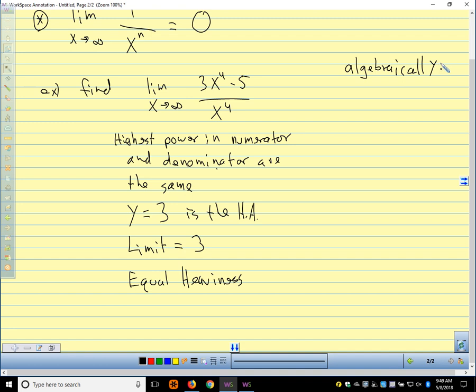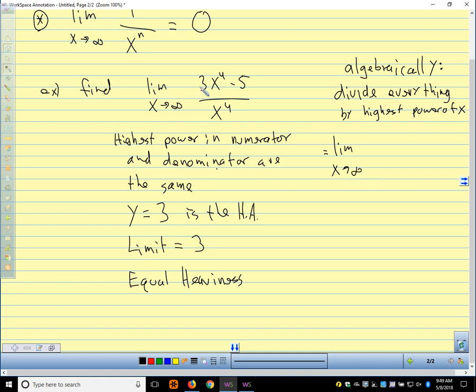we only need one technique for limits at infinity algebraically. Divide everything by the highest power of x. So I'm going to say this is going to equal the limit as x approaches infinity.